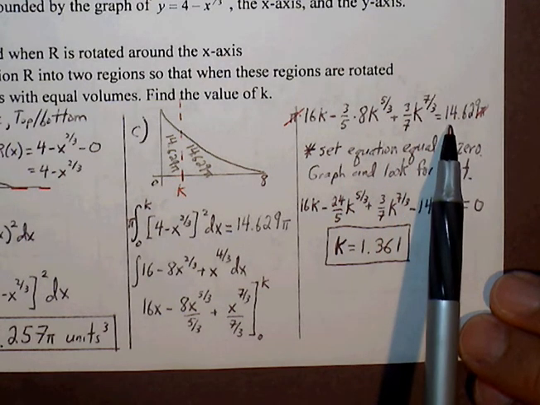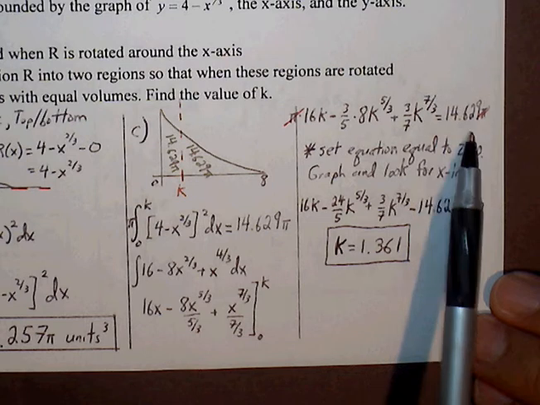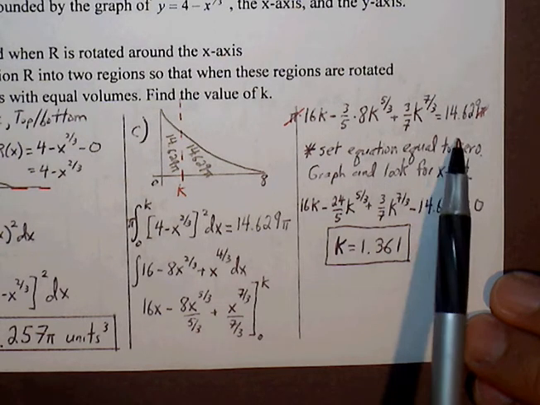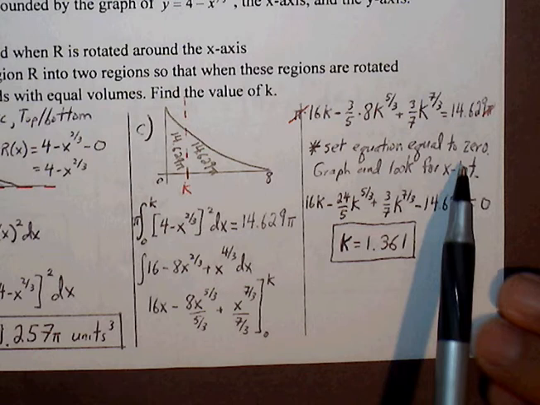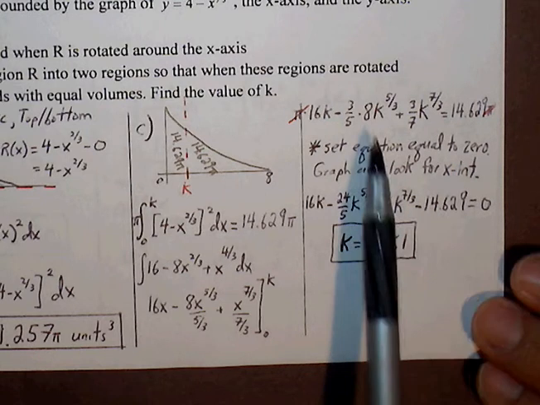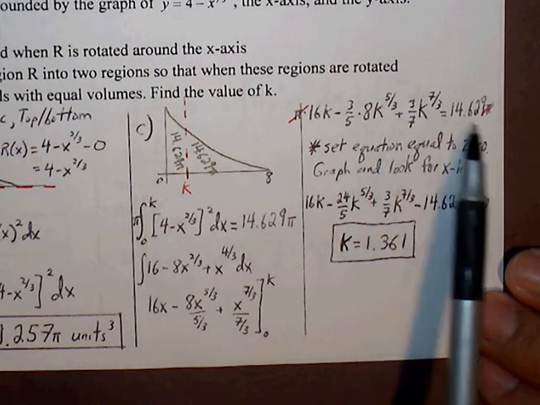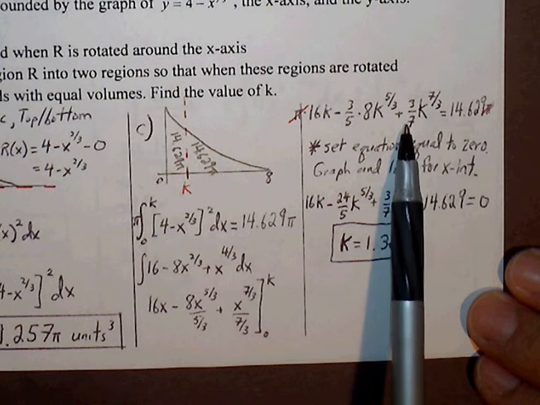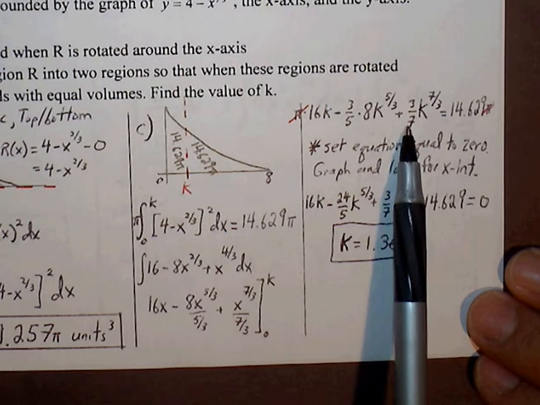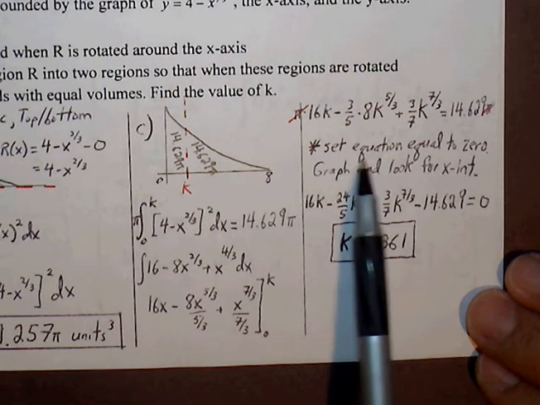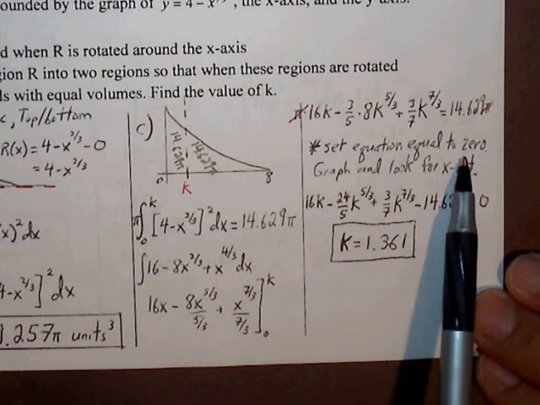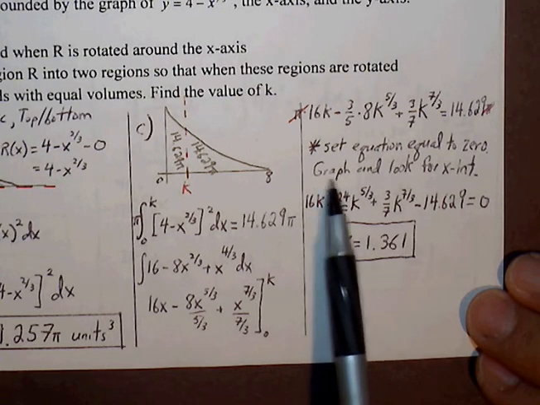to 14.629. Now, algebraically, this will be really difficult to solve. However, we have our calculator. So we can simply look to see where these two graphs are going to intersect. Even better would be if we set the equation equal to 0, and therefore we can simply look for the x-intercept.